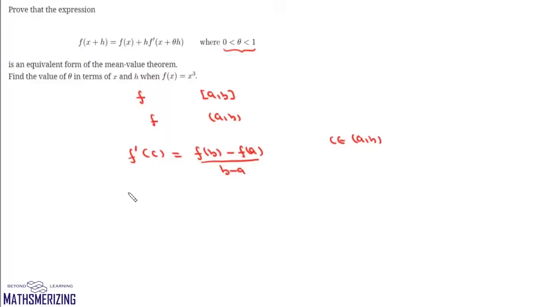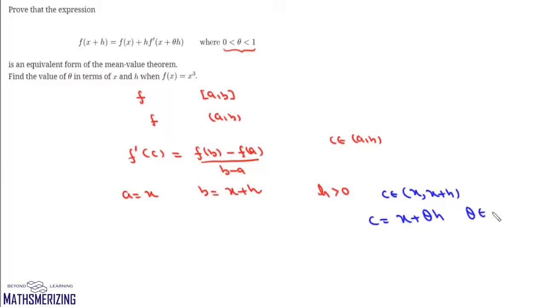Now what we'll do is we'll take a as x and we'll take b as x plus h, where h is greater than 0. Now clearly the c should lie between x and x plus h. So we can write this c as some x plus theta into h, where the value of theta lies between 0 and 1. Now we substitute a, b, c in this equation.